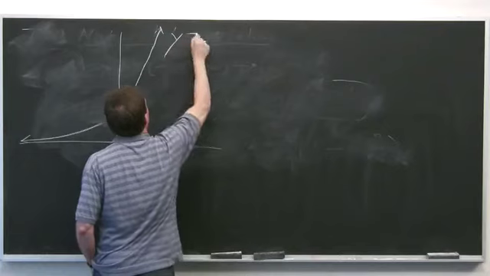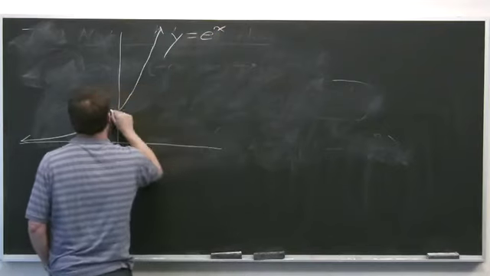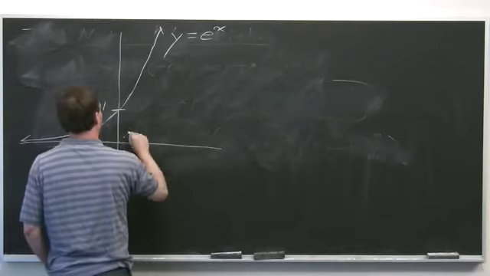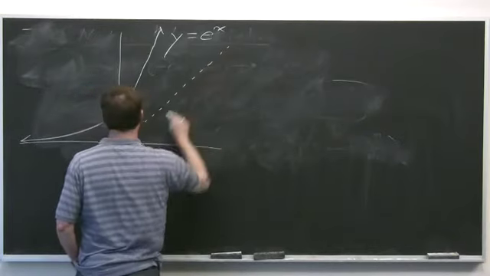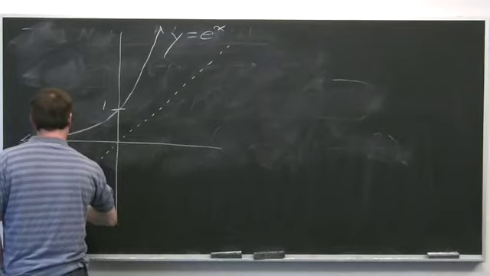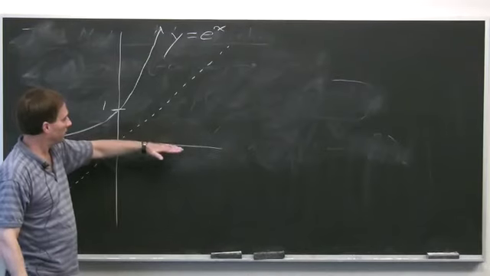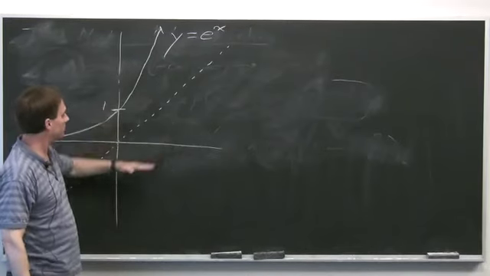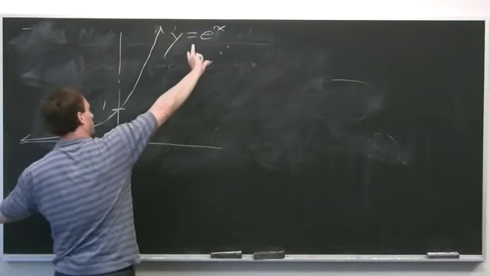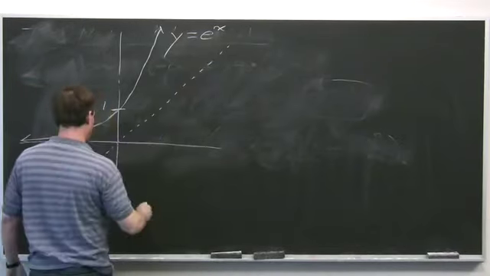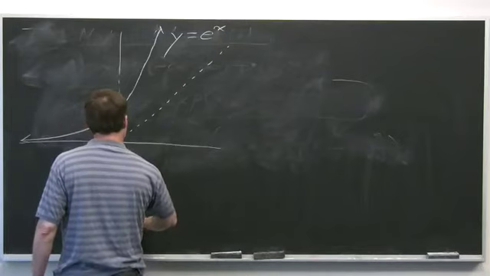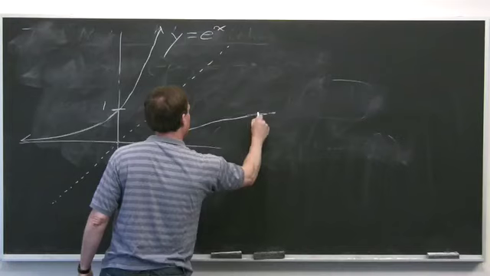This is y equals e to the x. How do you get the graph of the inverse function? You draw the line y equals x, and then you flip this around here. You switch, you put the x-axis where the y-axis is, the y-axis where the x-axis is, so you kind of grab this along this line and twirl it. You get this graph.